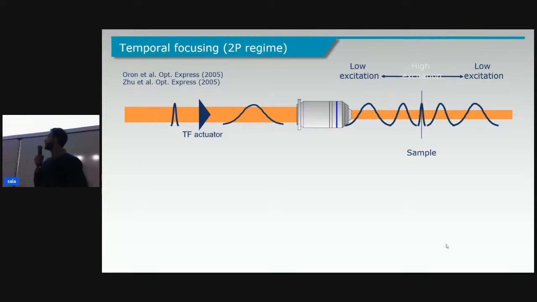If you do this using nonlinear optics, you're lowering the excitation probability outside of the sample plane, and keeping a high enough excitation probability only at the sample plane.